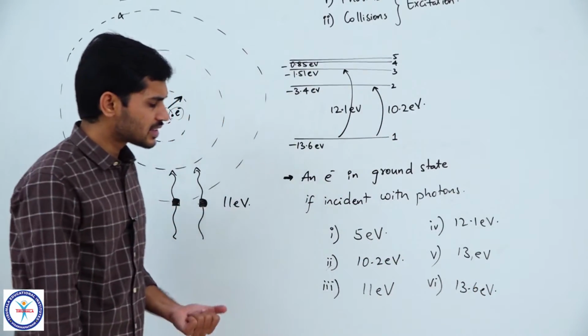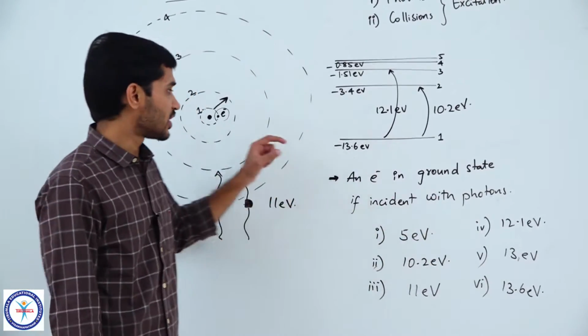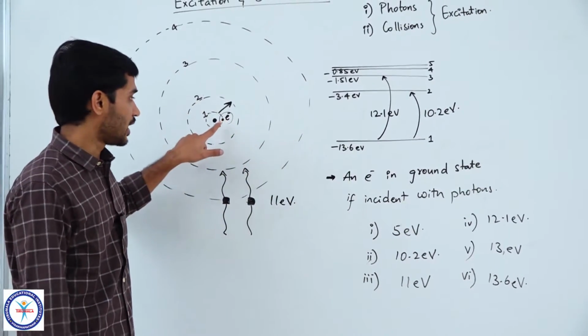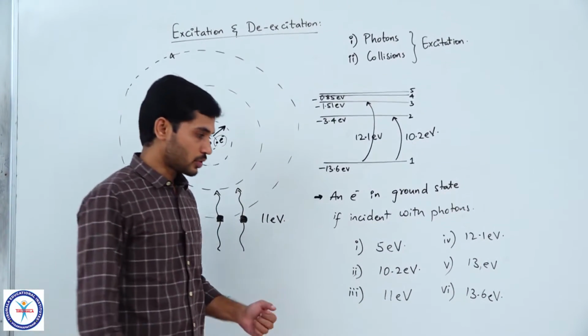So, let us consider these 6 cases and see if these different types of photons are incident onto an atom with electron in its ground state, which of these photons may be absorbed.